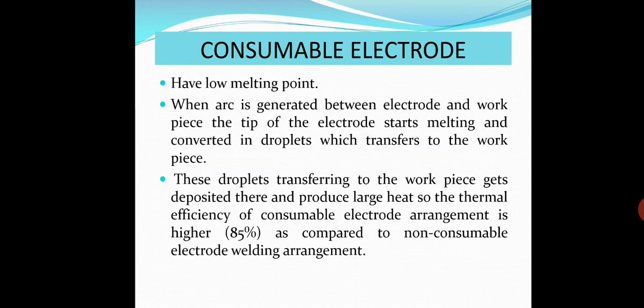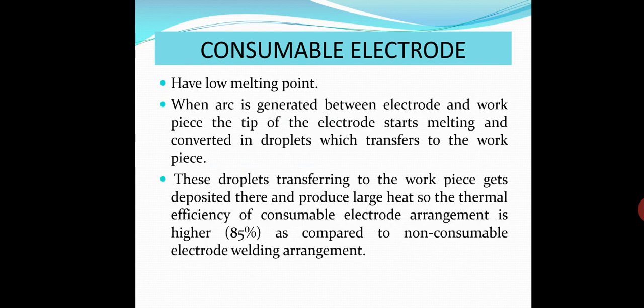Consumable electrodes have a low melting point. When an arc is generated between the electrode and workpiece, the tip of the electrode starts melting and is converted into droplets, which transfer to the workpiece. These droplets get deposited there and produce large heat.